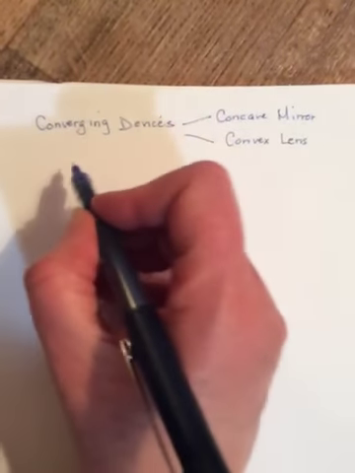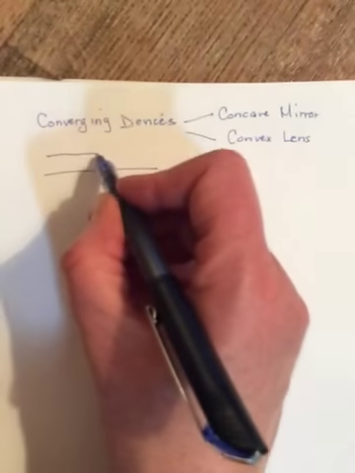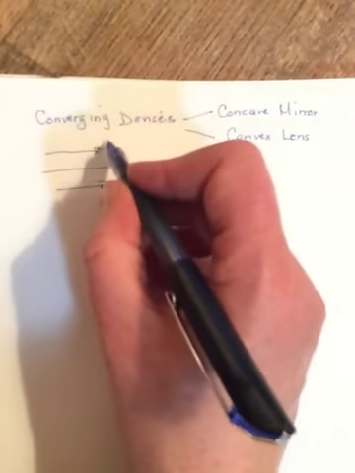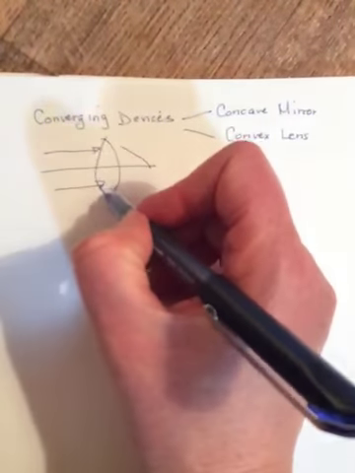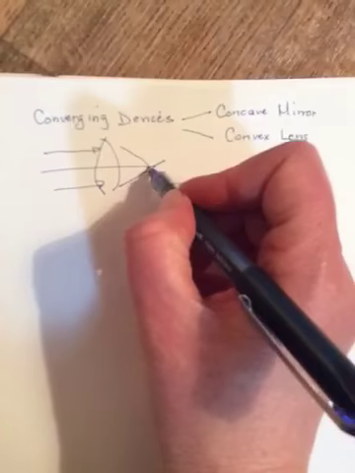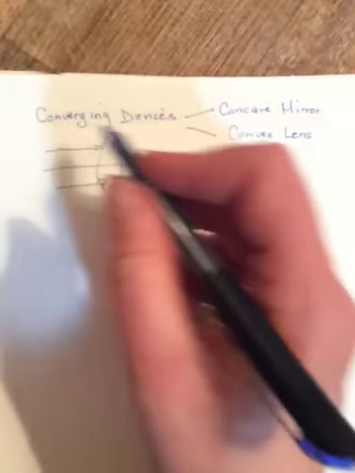Converging because rays going in parallel to the principal axis, when they hit, whether it's a mirror or a lens, whoops, I better make this a lens since I made it pass through, will converge at F on the opposite side.